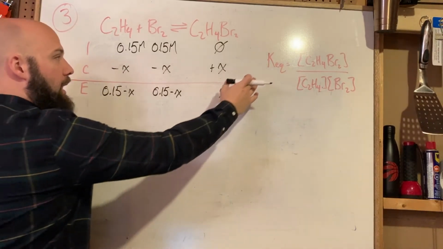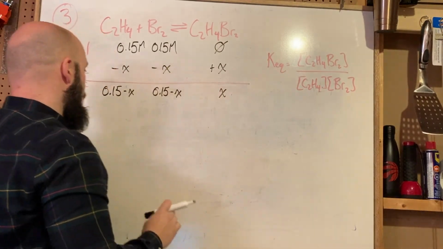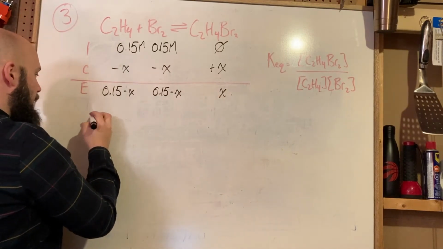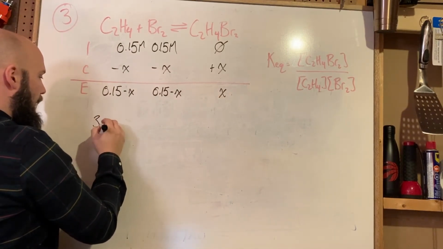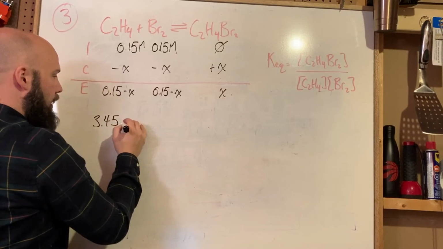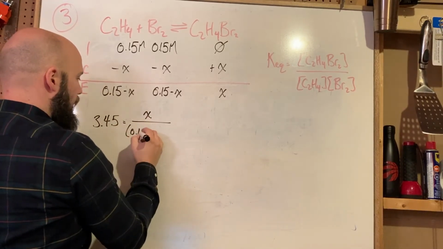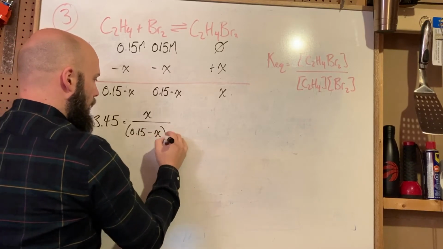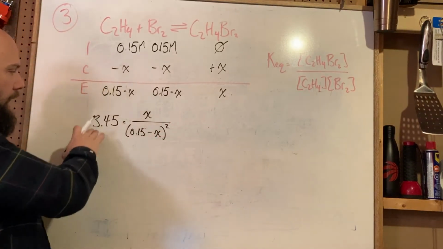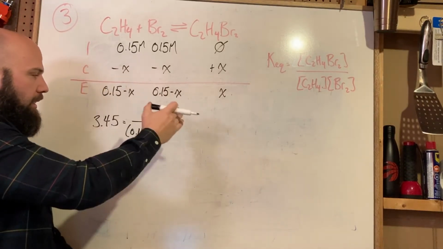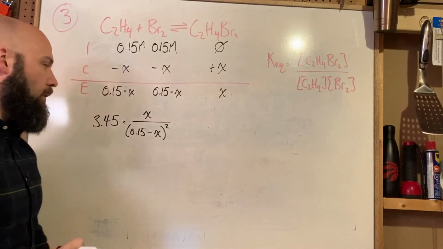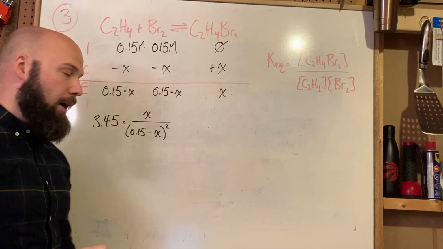So that if we take our equilibrium expression that we have here, and I think it was 3.45 was our equilibrium constant, and plug in our values, we get that 3.45 is equal to x divided by 0.145 minus x whole squared.